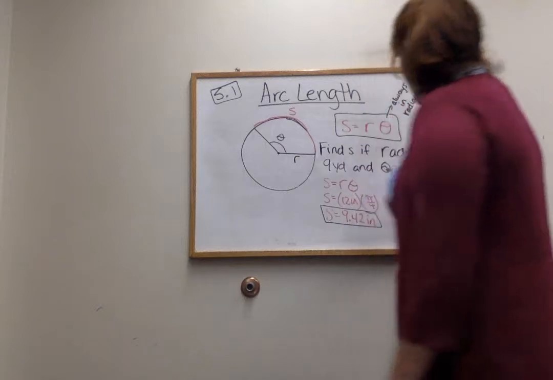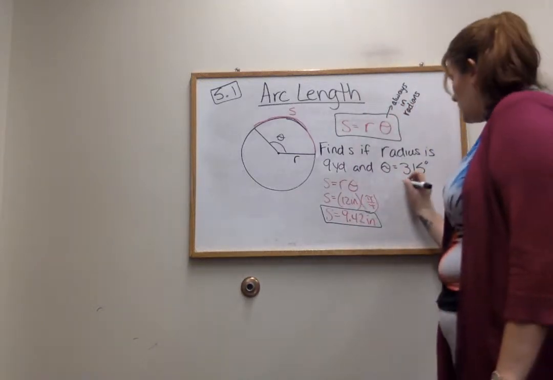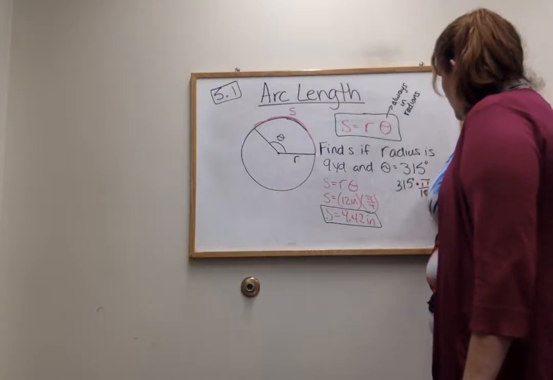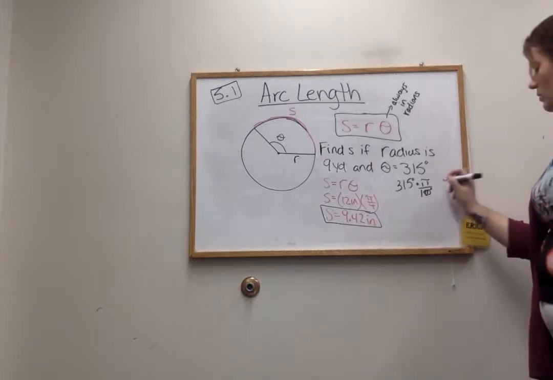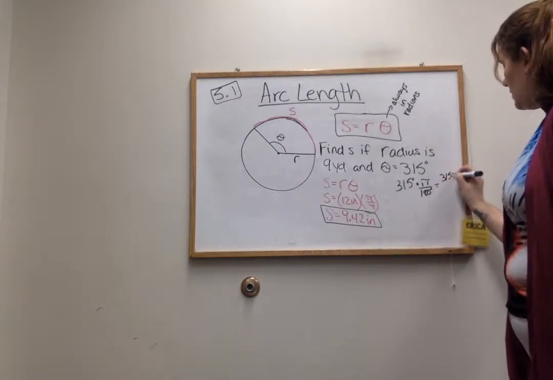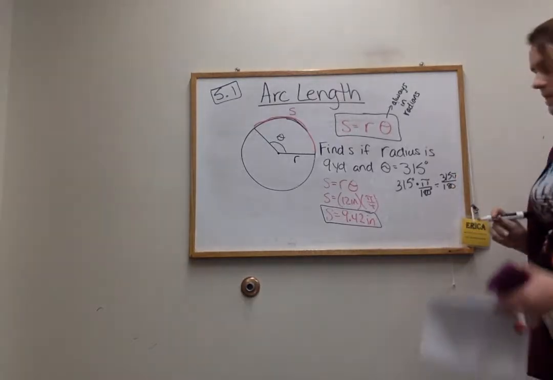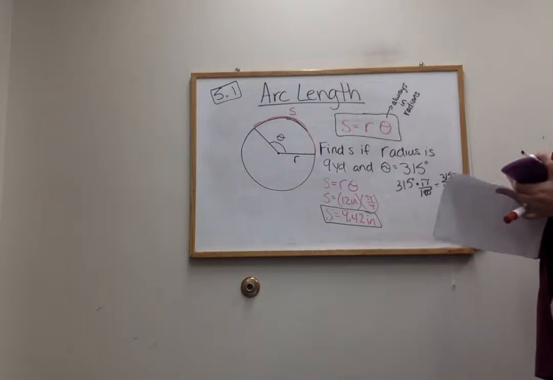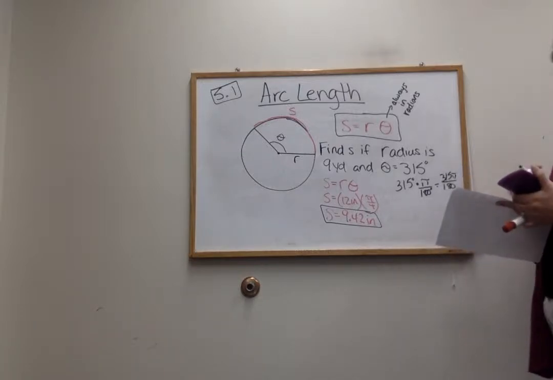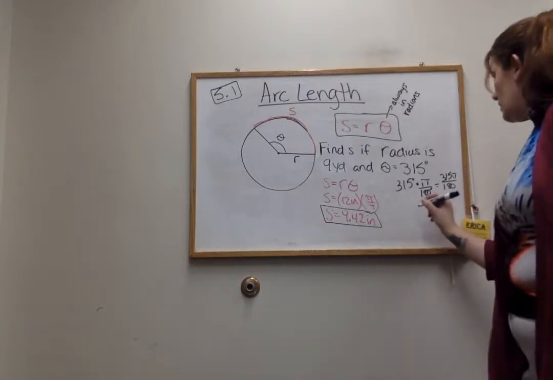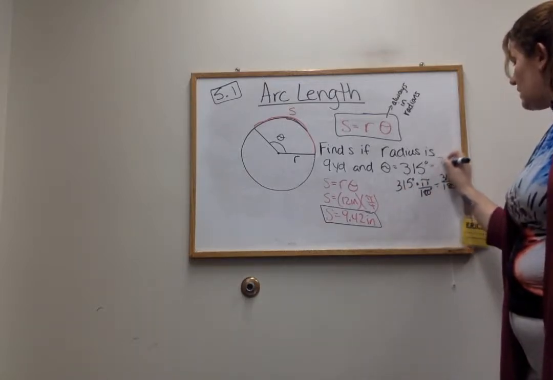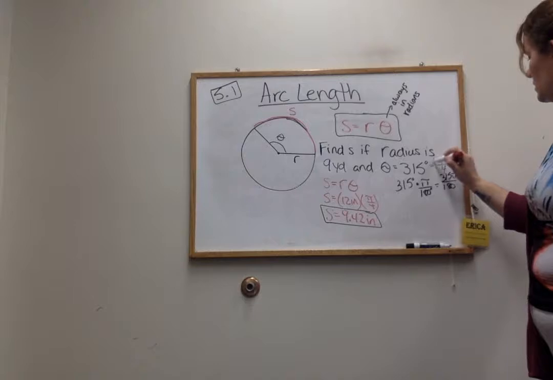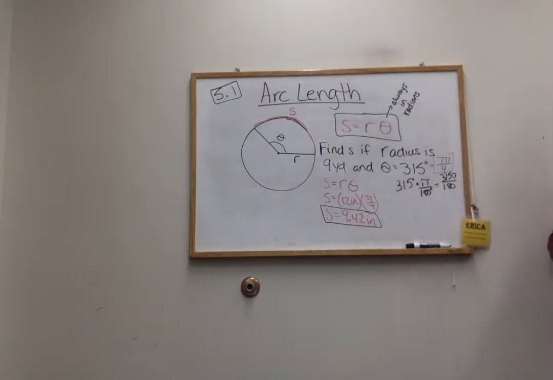To change theta from degrees to radians, we take our angle and multiply it by pi over 180 degrees, which gives us 315 pi over 180. If you simplify that, you could find some common factors, or use the fraction button on your calculator. 315 degrees is the same thing as 7 pi over 4. So that becomes the angle that we're using for this problem.